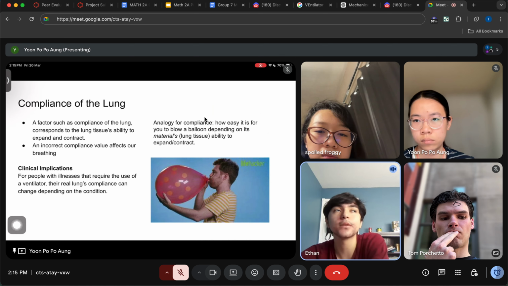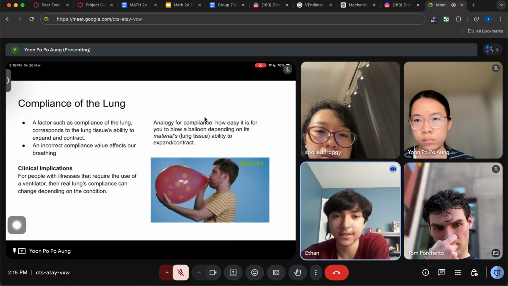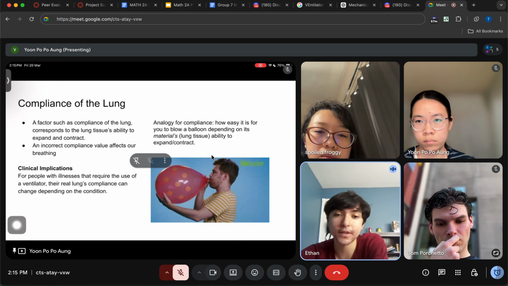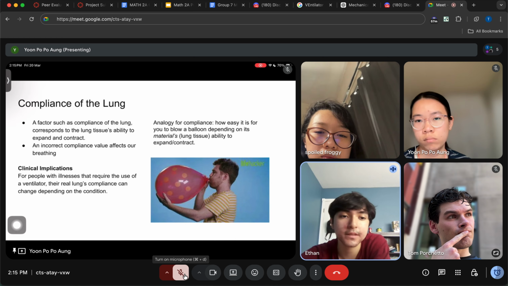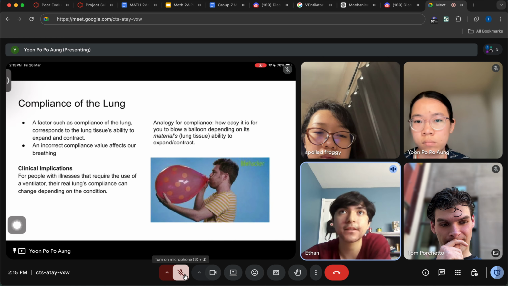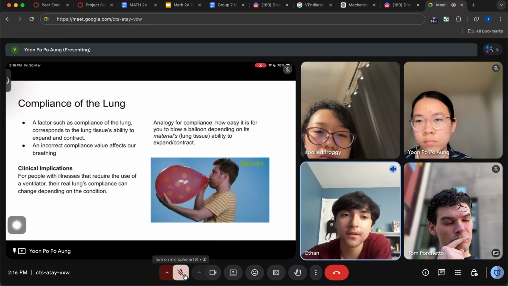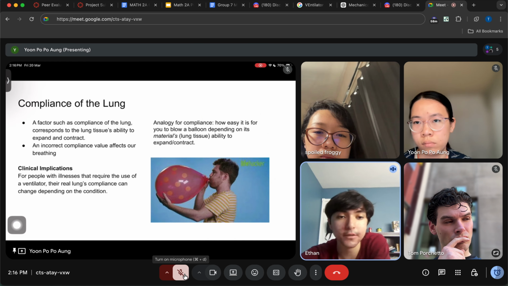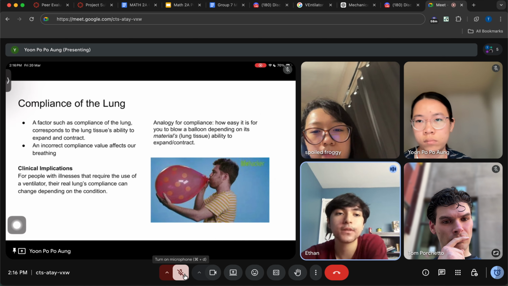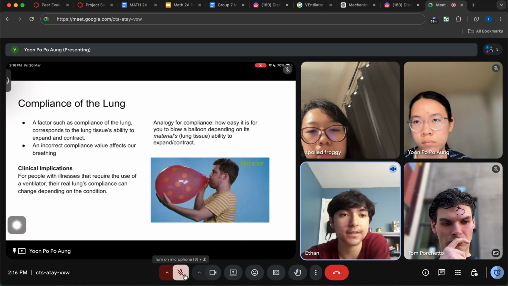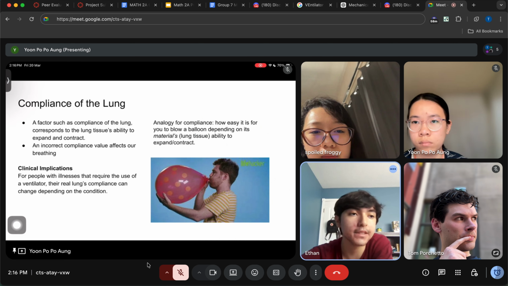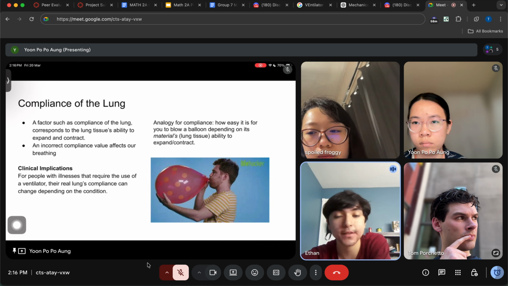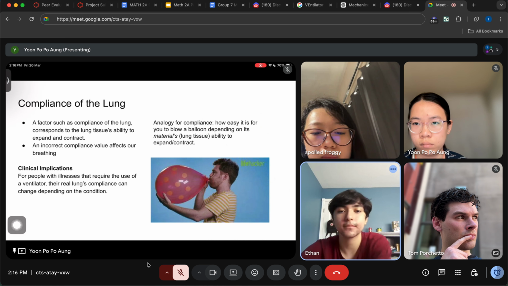And some balloon material is very easy to blow into, and the balloon inflates at a faster rate. For people with illnesses and conditions that affect the compliance of the lung, some conditions increase the compliance and other conditions can decrease the compliance. So this is a very important factor because some people need to manage these compliance values in order to correct their breathing to the normal rate.